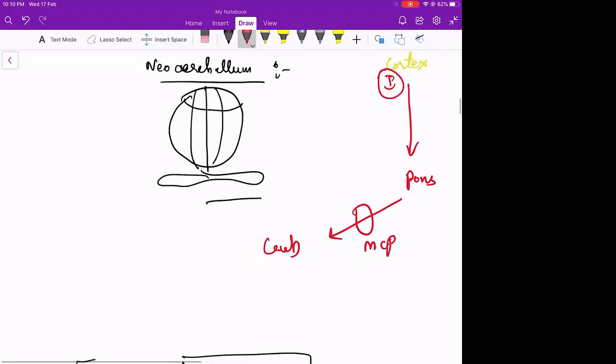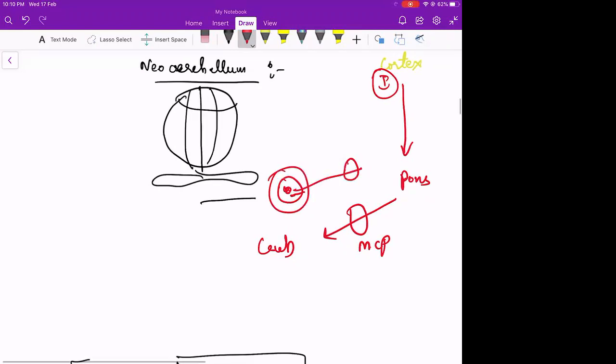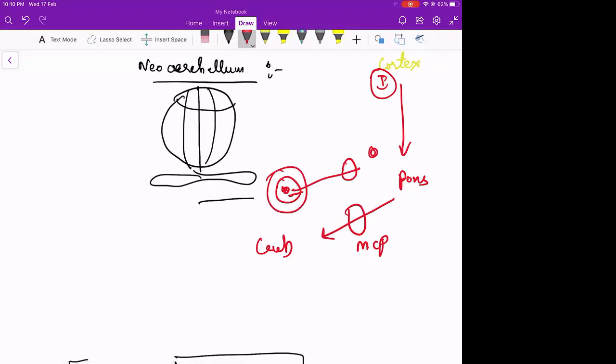From the neocerebellum, the output fibers are from the dentate nucleus. They go out through the superior cerebellar peduncle and supply the same red nucleus, and also the thalamus and the cortex. These are the output fibers from the dentate nucleus.